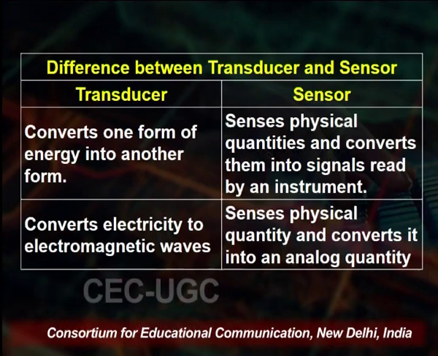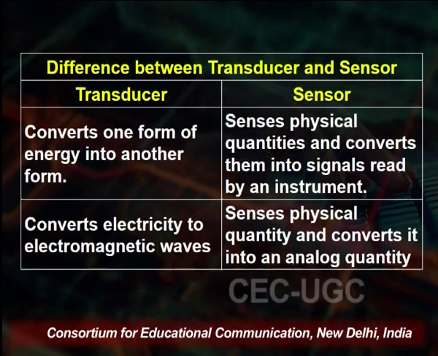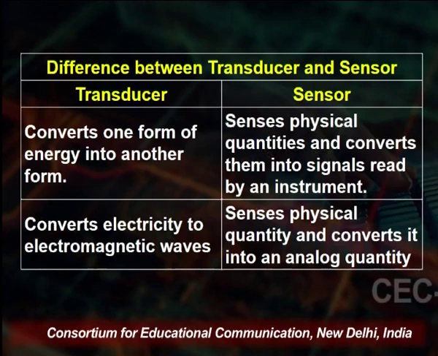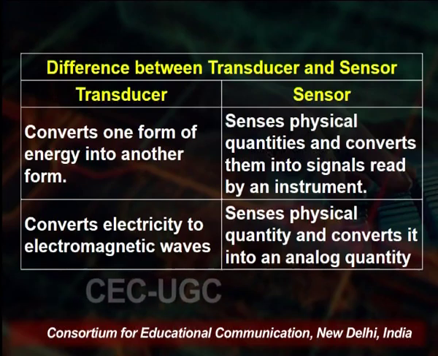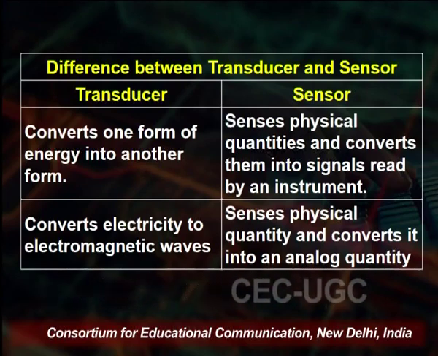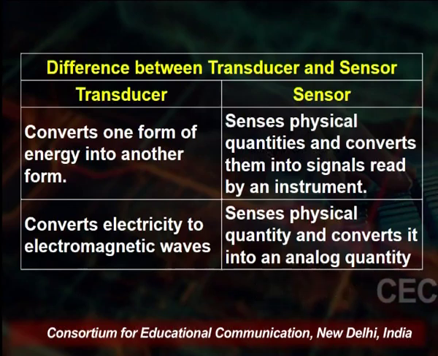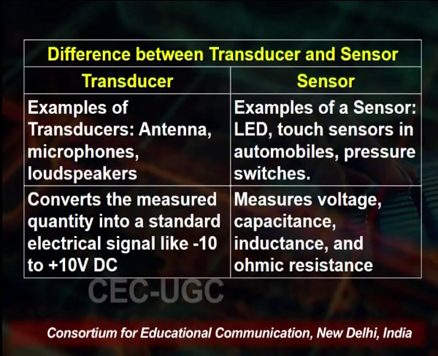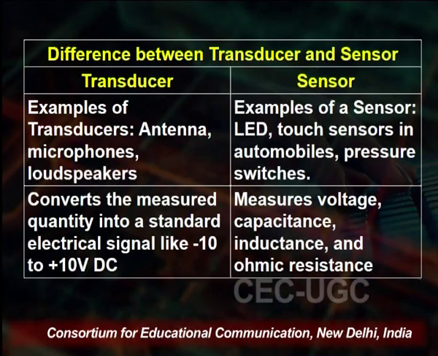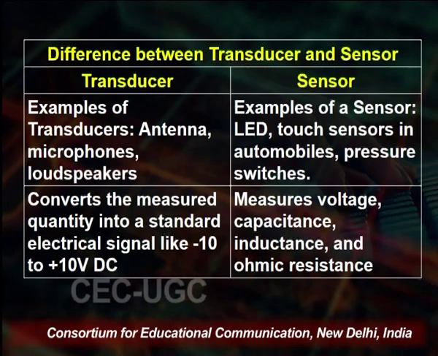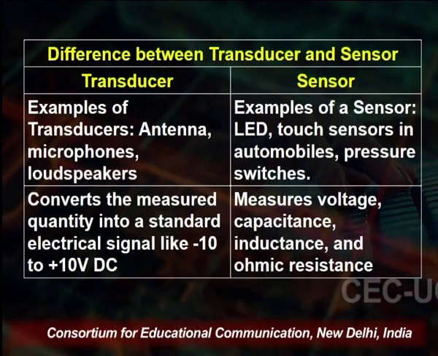On the other hand, transducers convert one form of energy into another, for example electricity to electromagnetic waves, while sensors sense the physical quantity and convert it into an analog quantity. Examples of transducers are the antenna, microphones and loudspeaker, and examples of sensors are LEDs, touch sensors in automobiles, and pressure switches.